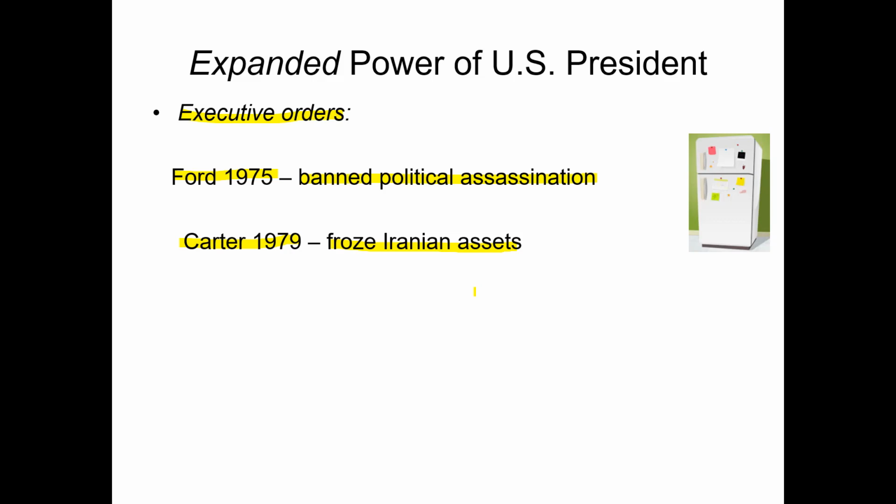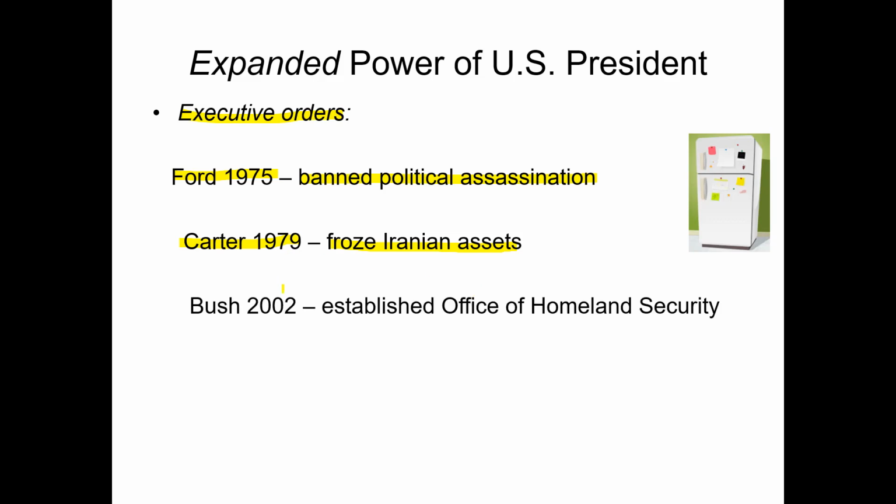After 9/11, there was lots of activity in order to try to set up this framework for the war on terror. And President George W. Bush in 2002 established through an executive order the Office of Homeland Security.